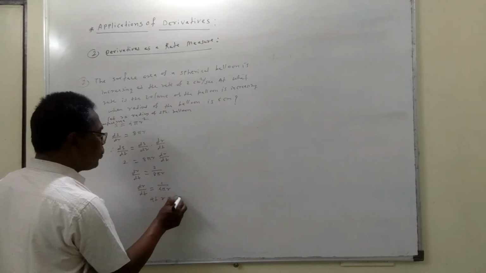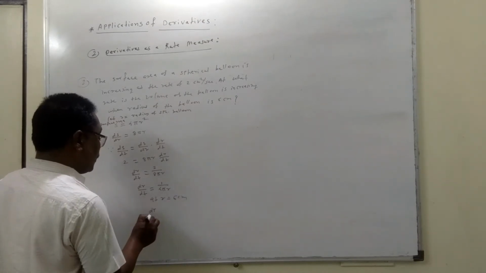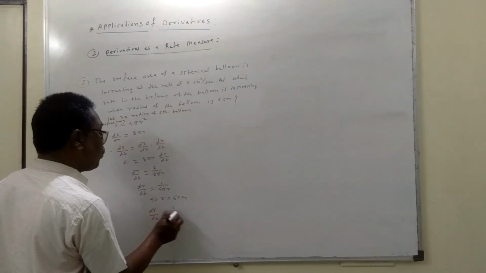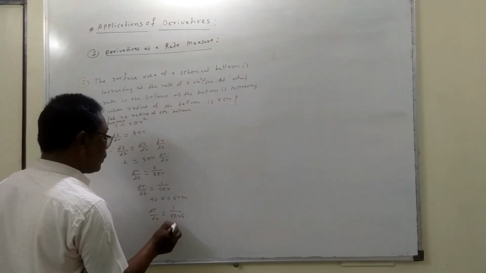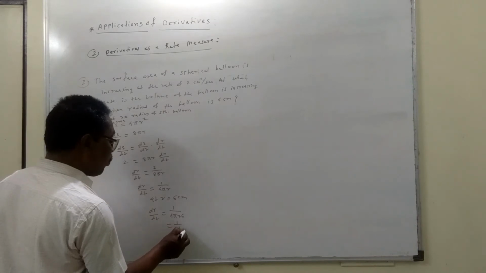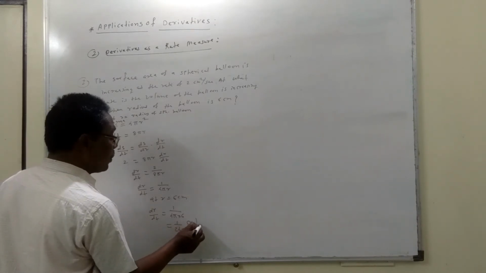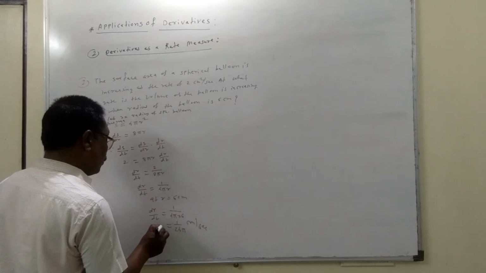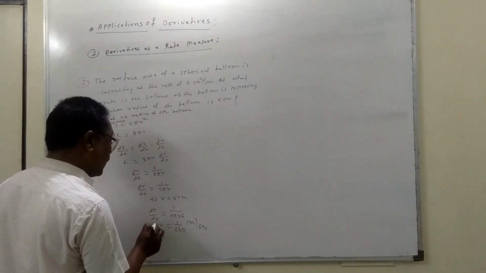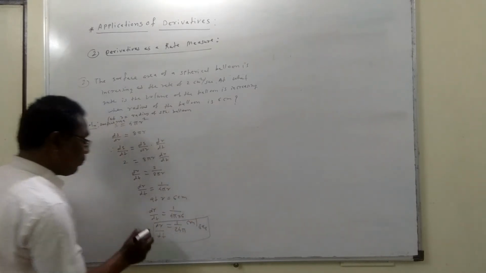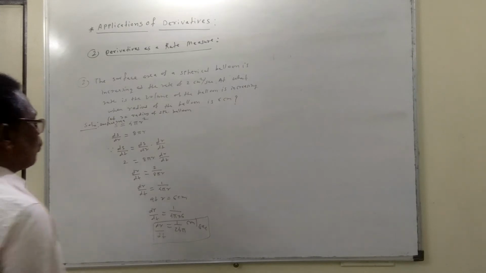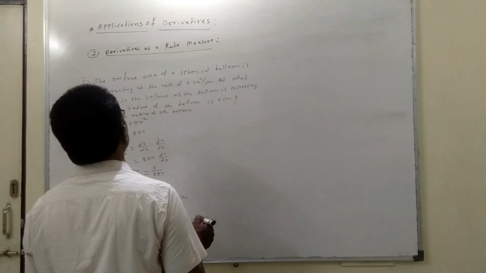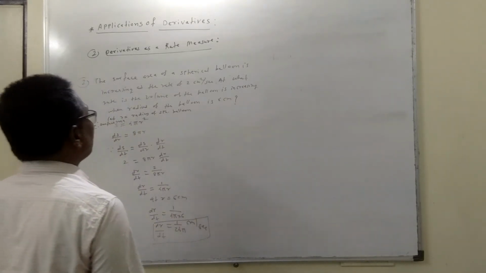At r is equal to 6 centimeter, dr upon dt is equal to 1 upon 4 pi into 6, so 1 upon 24 pi centimeter per second. So this is the rate of change of radius of this balloon when the rate of change in surface area is 2. Now you want to find the rate of change in the volume.